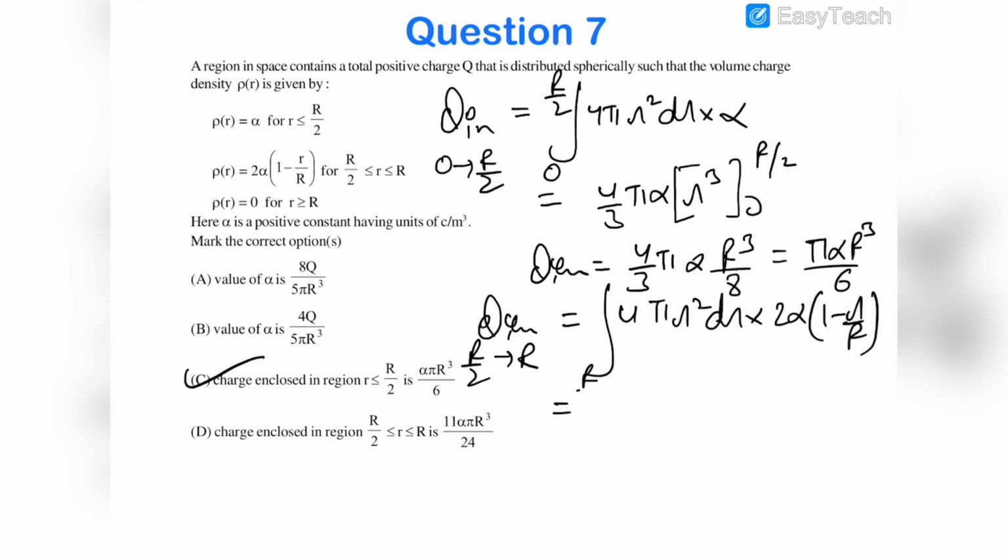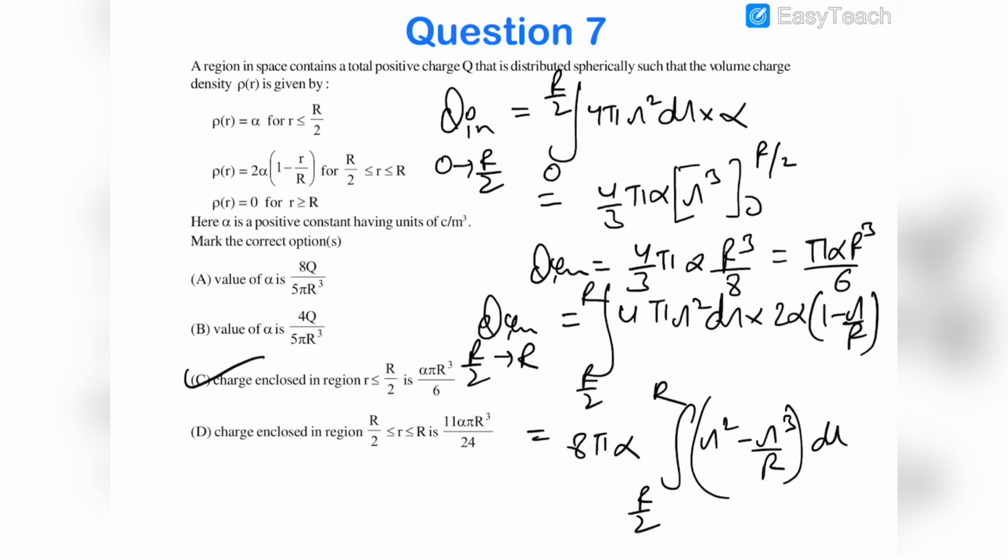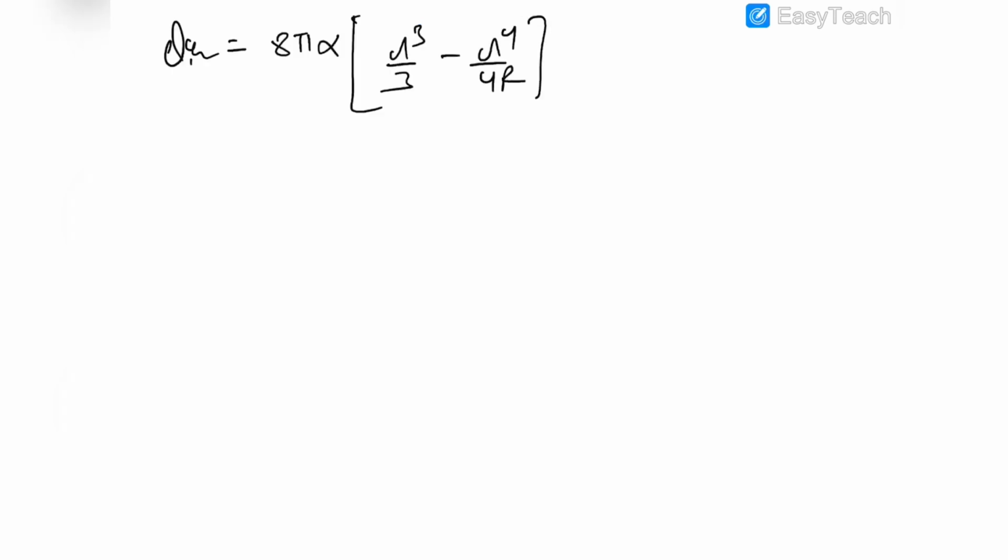So taking out common, and the limit would be from R by 2 to R. So this will be equal to 8 pi alpha, and this is integration of r square minus r cube by R into dr, with limit from R by 2 to R. This Q inside will be equal to 8 pi alpha, and this will be r cube by 3 minus r to the power 4 by 4R.